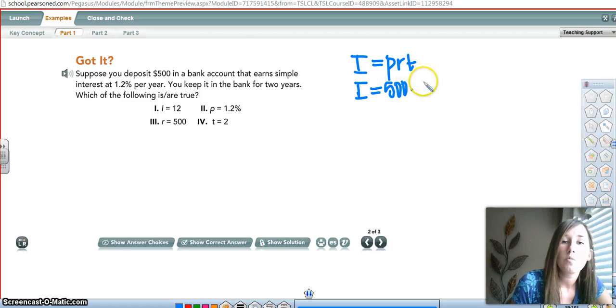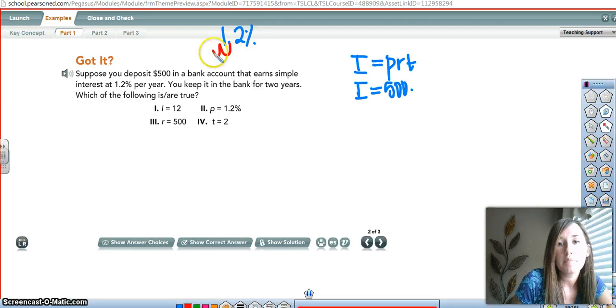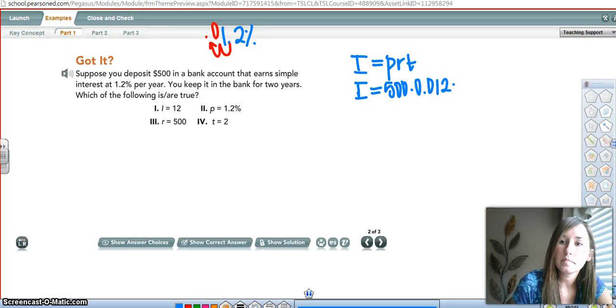Our rate is 1.2%, but we need to write that as a decimal. So we would move our decimal to the left 2 times, 0.012. And our time is always in years, 2.